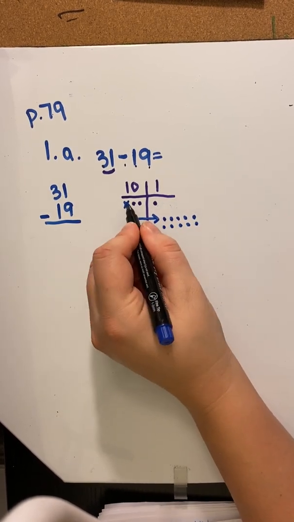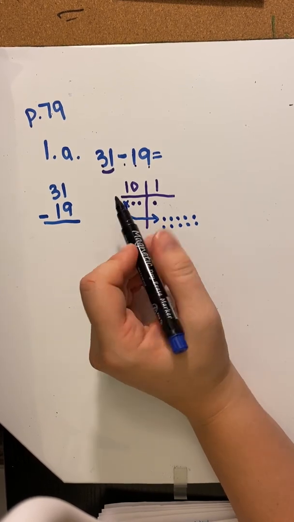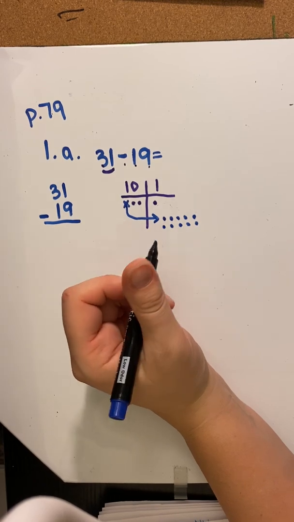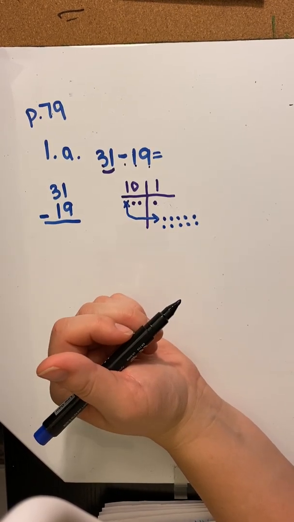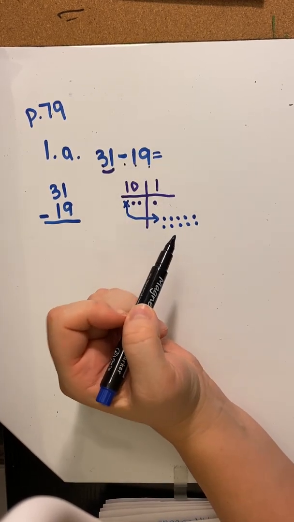At our 10, because again, we need to take the whole 10. We cannot just take what we need. We need to take the whole bundle, okay? And so now we are able to take away this 19, okay?